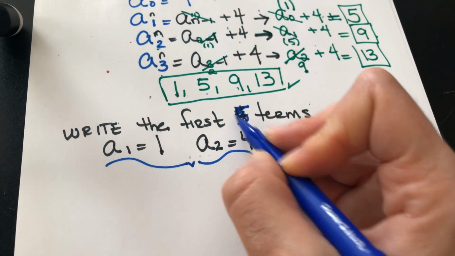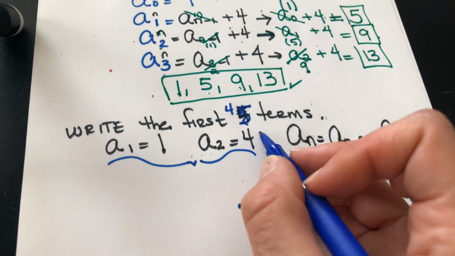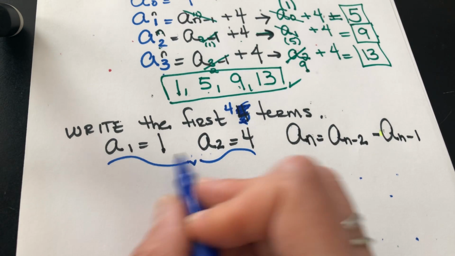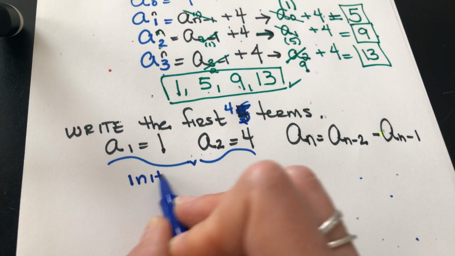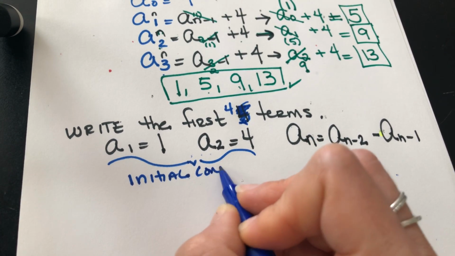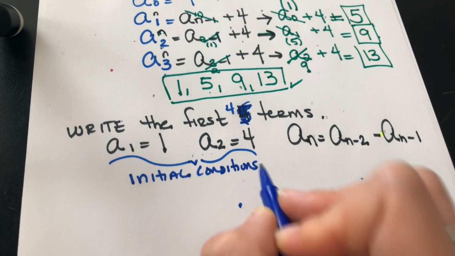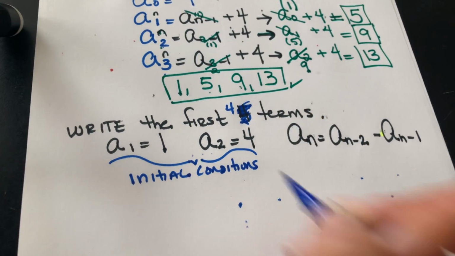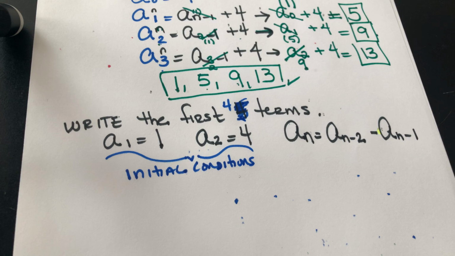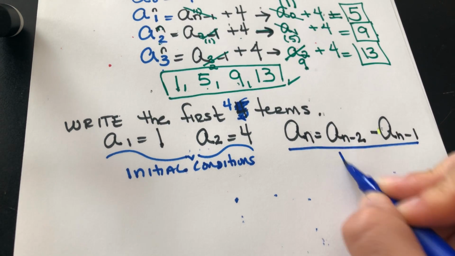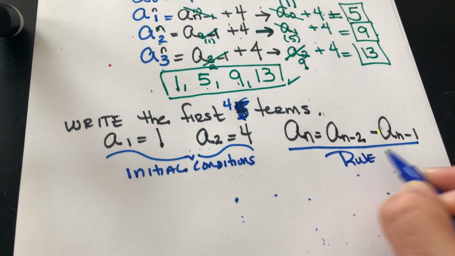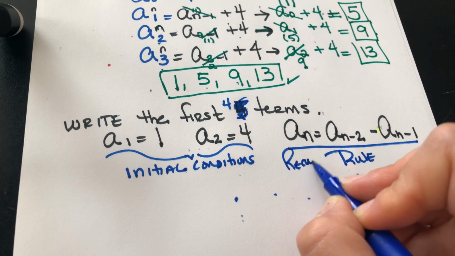Nah, let's keep it at 4. Let's not make it more complicated. So 1 and 2, these are my initial conditions. And what this means is I helped you out. You know the first term and you know the second term. This is your recursive rule.